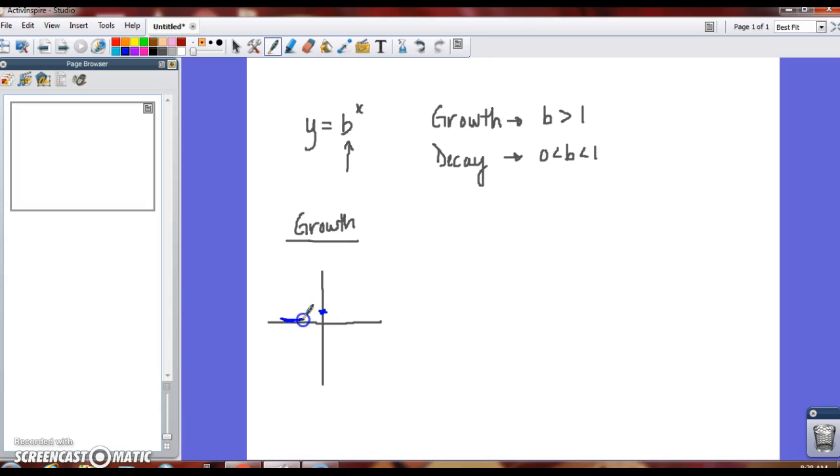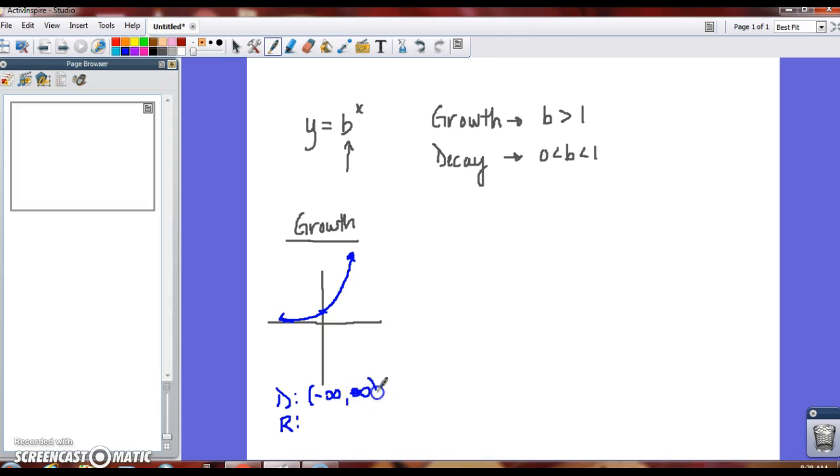What happens is our graph goes through that point and then increases exponentially. Let's talk about the domain and the range of that graph. Our domain, I can plug anything I want in for x, so my domain is all real numbers.